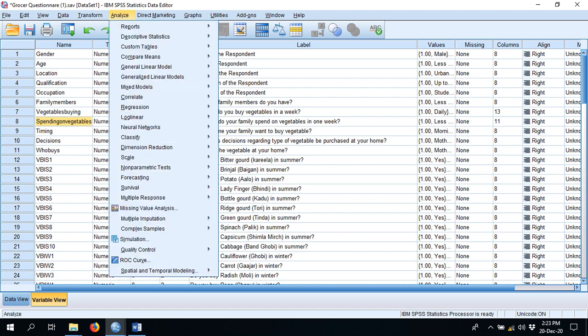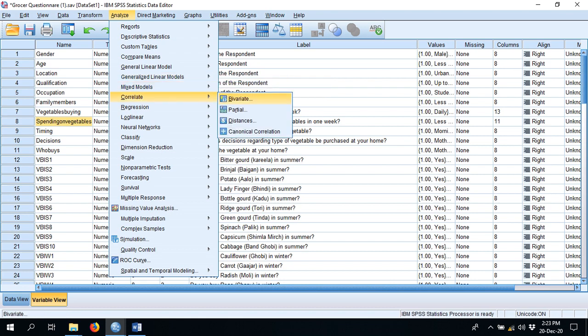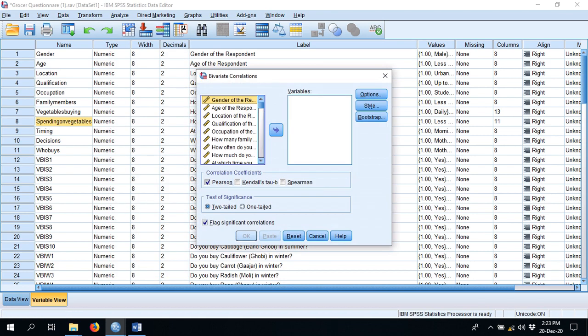So how will we do it? Analyze, compare means, correlation, bivariate, and now we need to select family members and how much they spend.